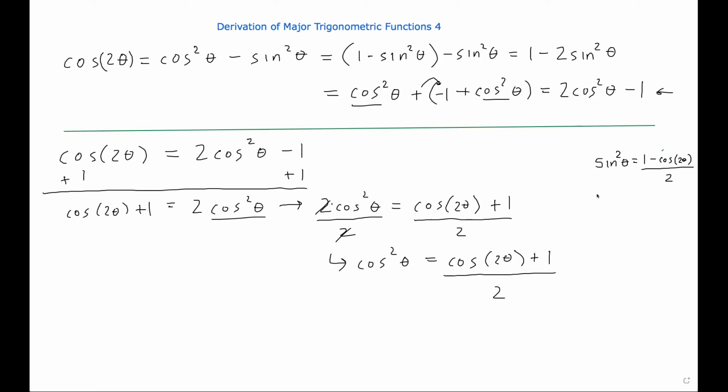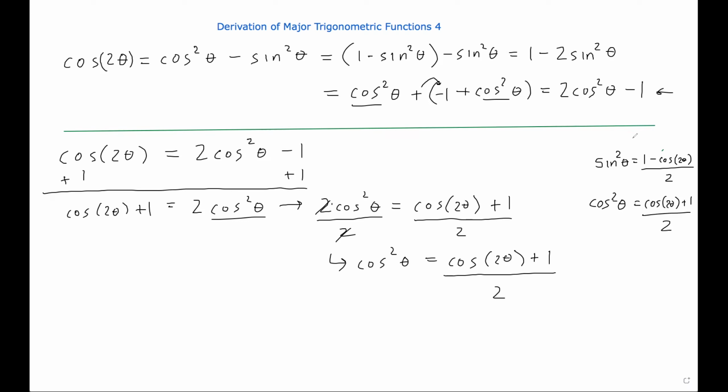Okay, so cosine squared theta equals cosine of the double angle plus 1 over 2.